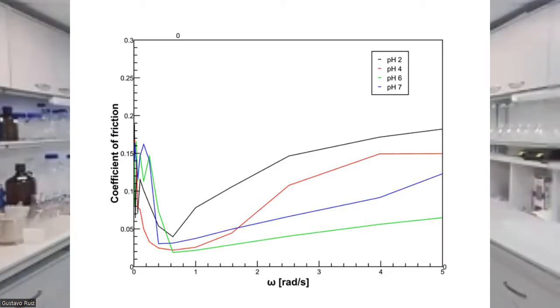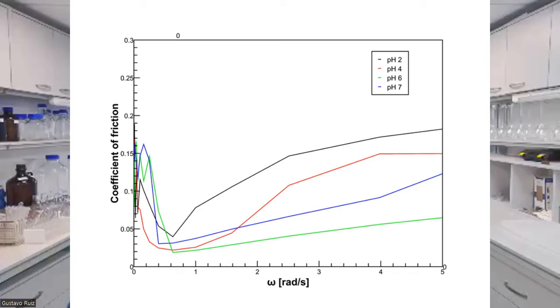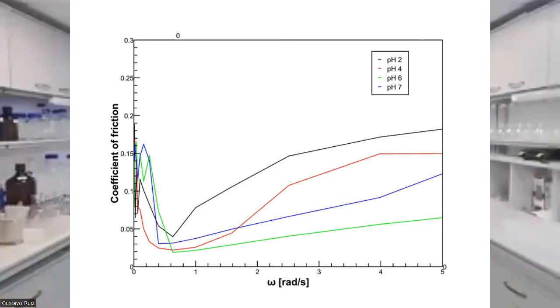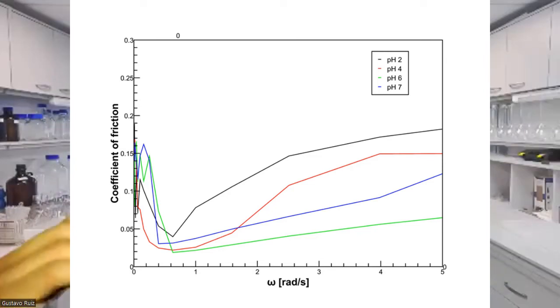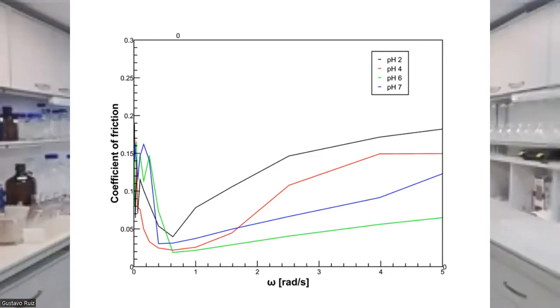Then in figure 4, we observe the tribological profile of the mucus alone, which is very related with the viscous profile of figure 3, because when the pH is very acidic, that is the case of pH 2 in the sample that has the black line, the coefficient of friction is higher.